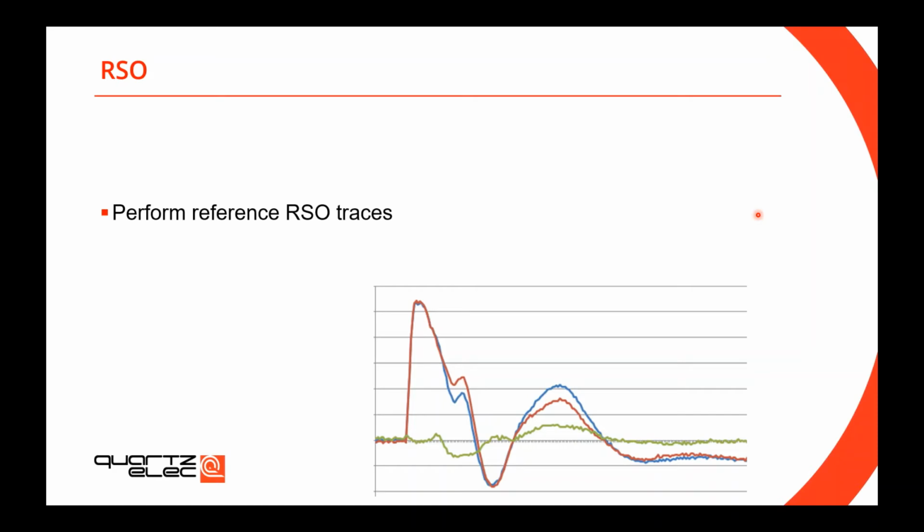Thanks to that, in the future, when we compare the reading on the machine online with the reference traces, we can tell on what coil the fault is. So yes, RSO can be a good tool also to pinpoint the location of the fault.